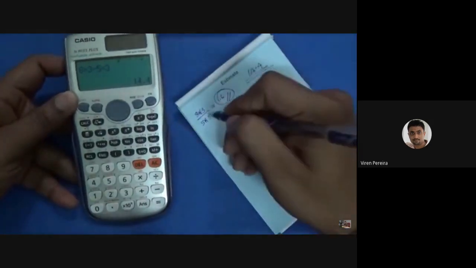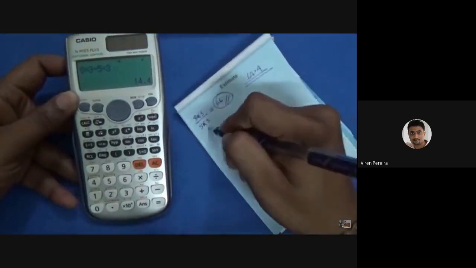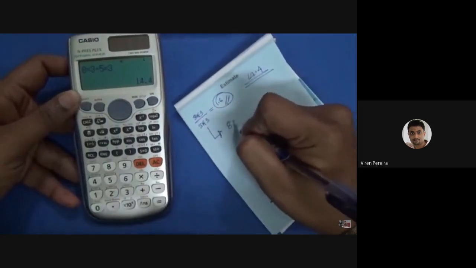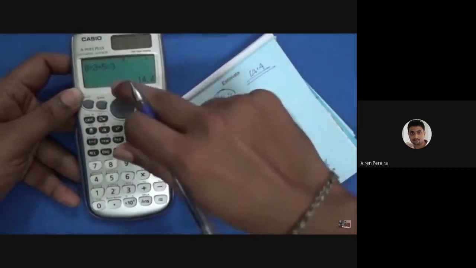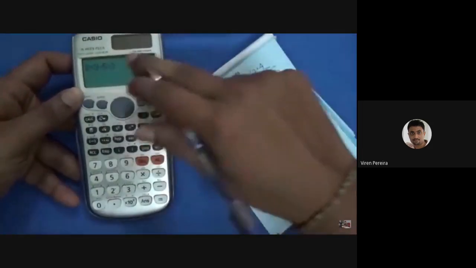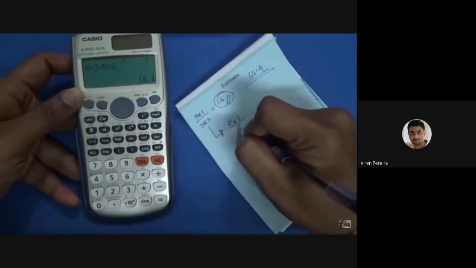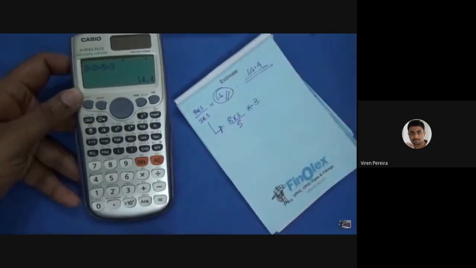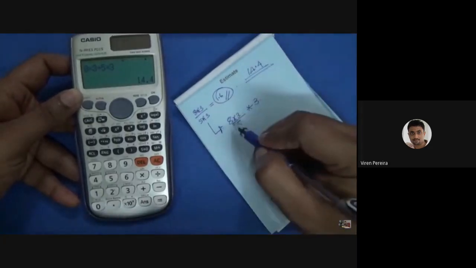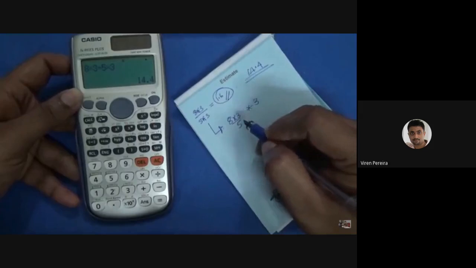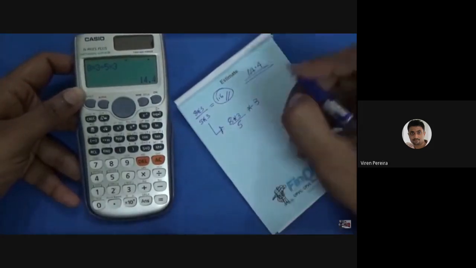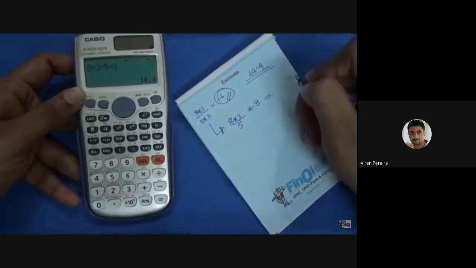It solved 8 into 3, then divides this whole term by 5, into 3. So you get 8 into 3 divided by 5 into 3, which gives you the answer as 14.4.